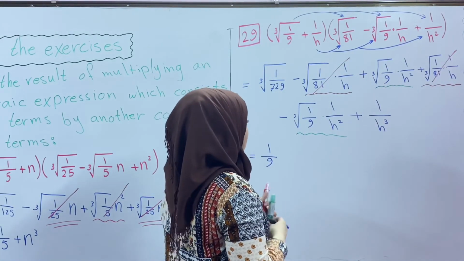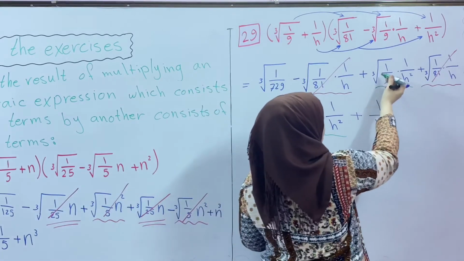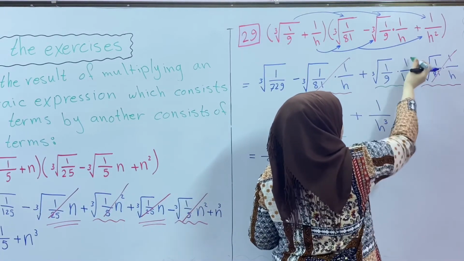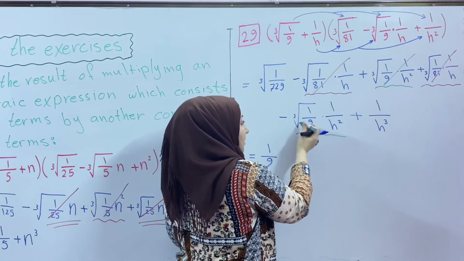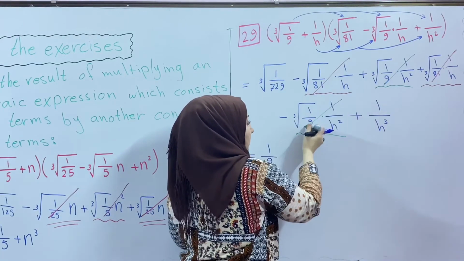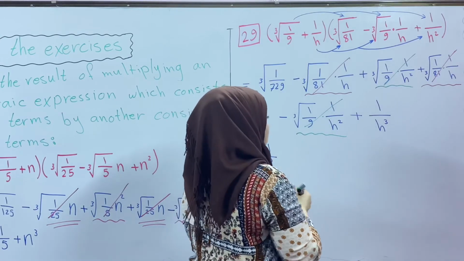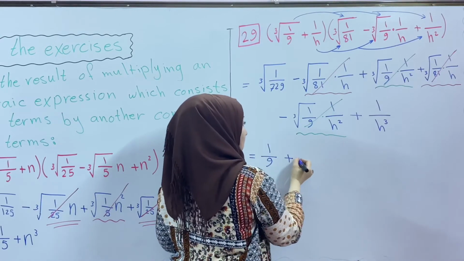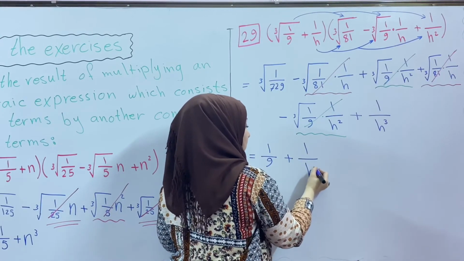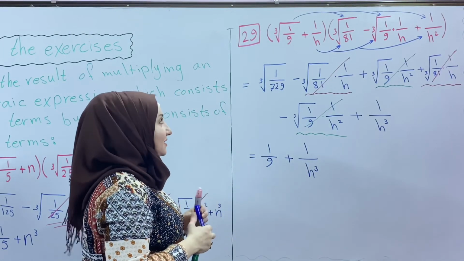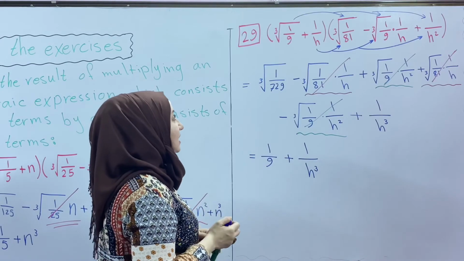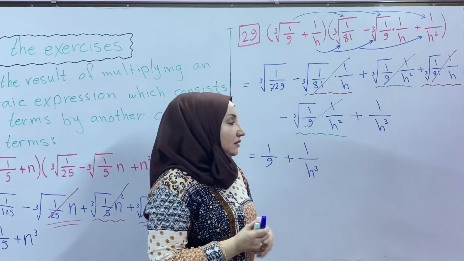And also here we have positive cubic root of 1 on 9 1 on h squared, and here we have negative cubic root of 1 on 9 1 on h squared, and it's remained plus 1 on h cubic. And this is the solve of exercises 29.